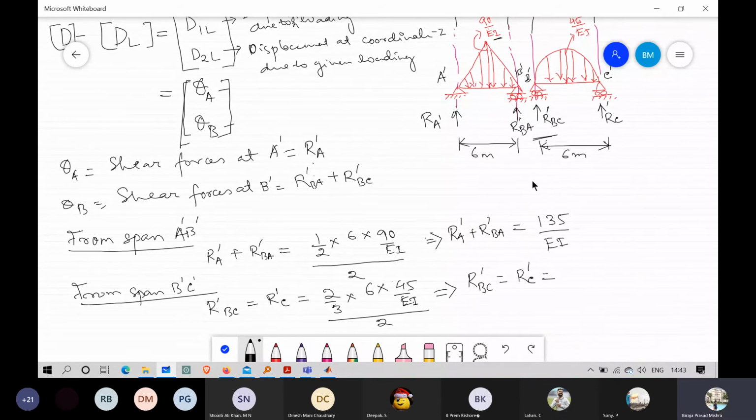Please calculate, all of you. R dash BC plus R is equal to, sir. This is BC, equals to, not plus. So if you add both of them, we will get this value: 2 by 3 into 6 into 45.